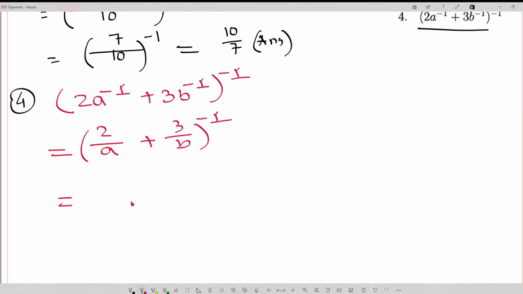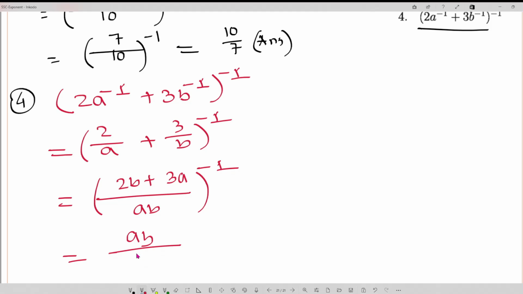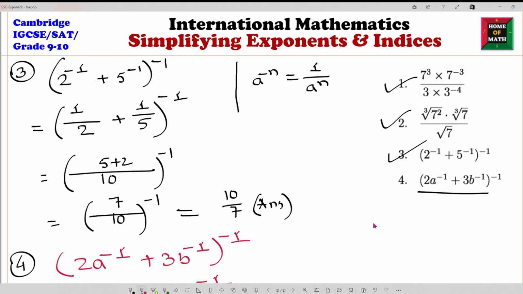Okay, now we can make the LCM, so ab. It means 2b plus 3a over ab, to the power minus 1. So we can just flip this one because of the negative exponent. So ab divided by 3a plus 2b, and this is our answer. Okay, very simple. This is the format we are trying to solve today.